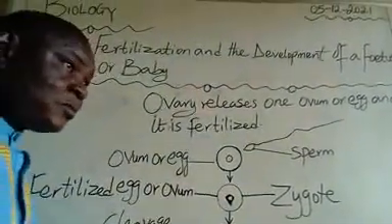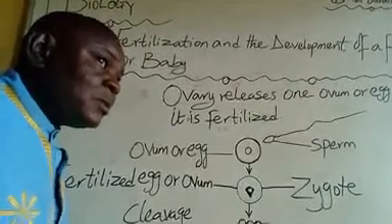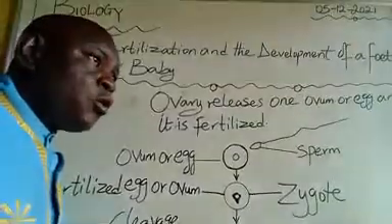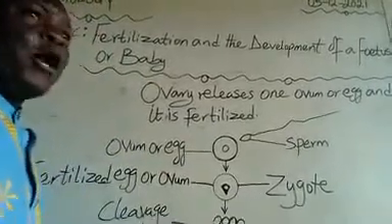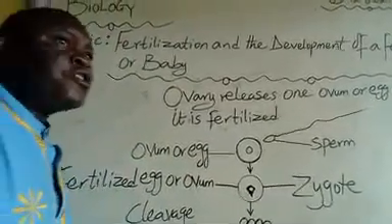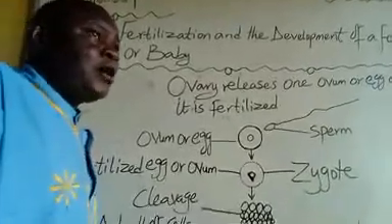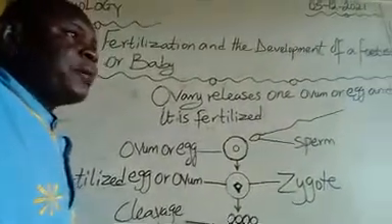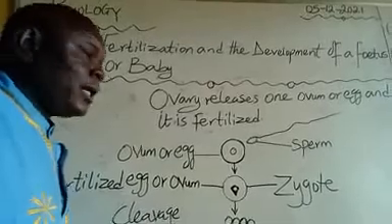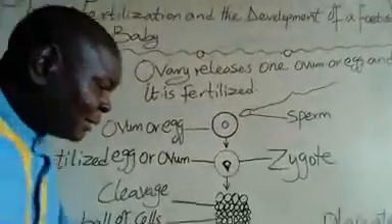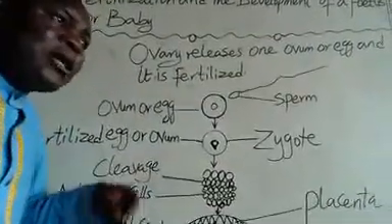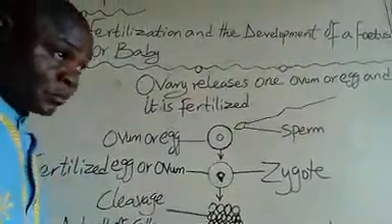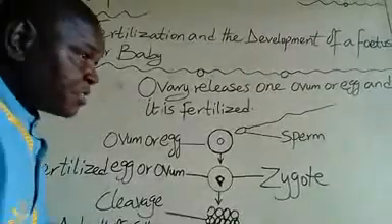the birth of a baby in the womb or uterus is triggered by hormones. Hormones like estrogen and progesterone. Okay? When a woman is about giving birth, there is another hormone called oxytocin.